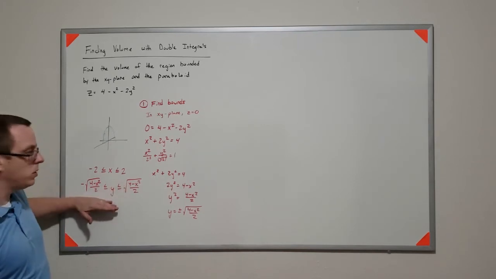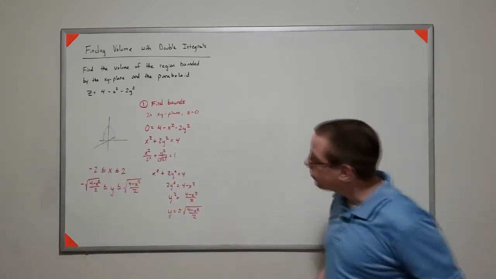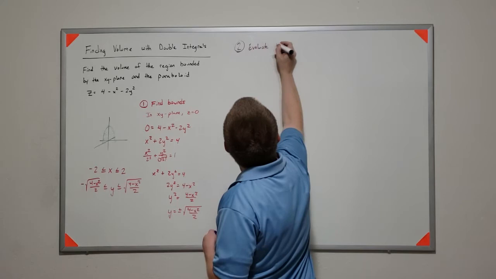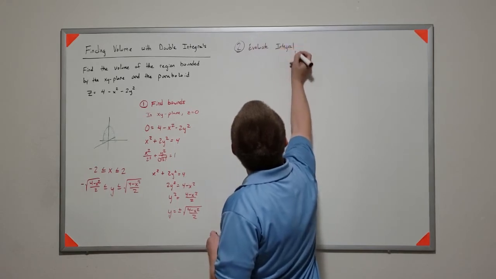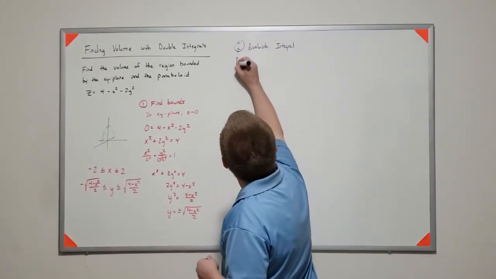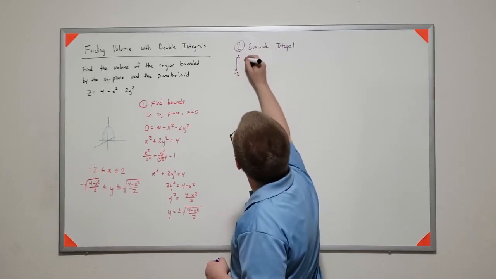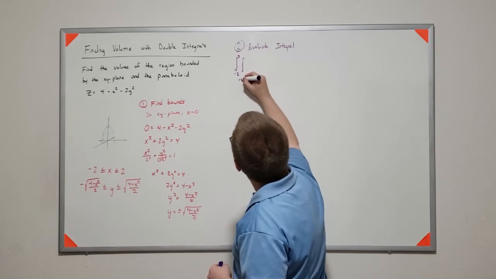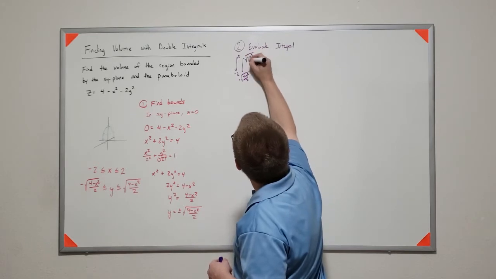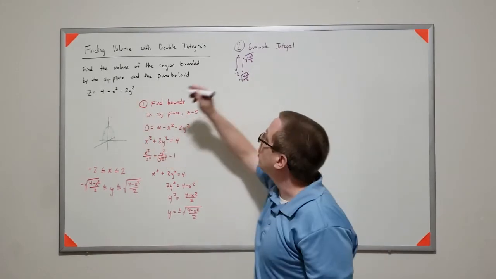All right, now we have these bounds here. Let's evaluate the integral. So we want to use the iterated integral form. x from -2 to 2, y from negative the square root of (4 minus x squared) over 2, to positive the square root of (4 minus x squared) over 2, so just these bounds, of this function.